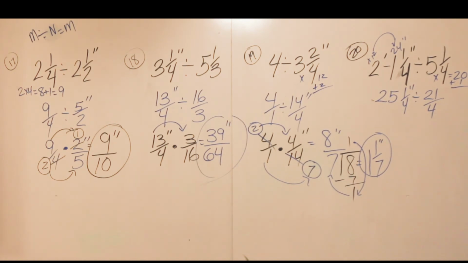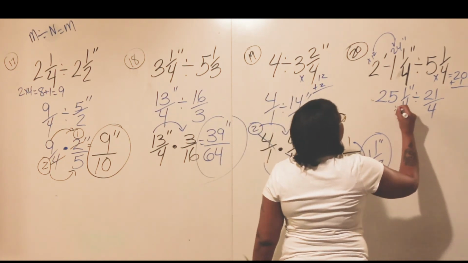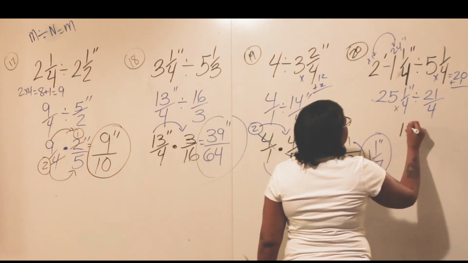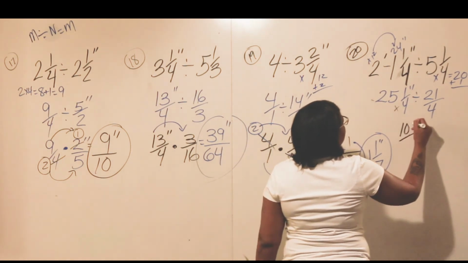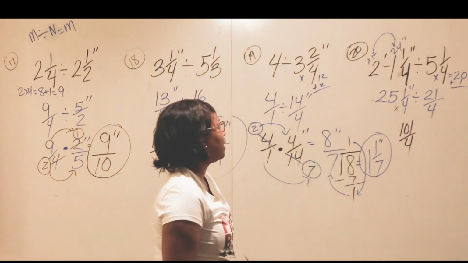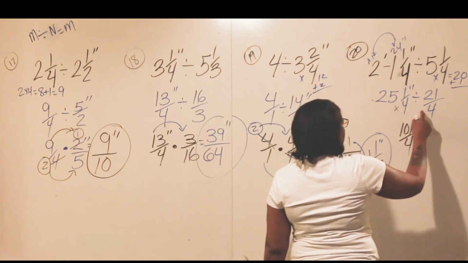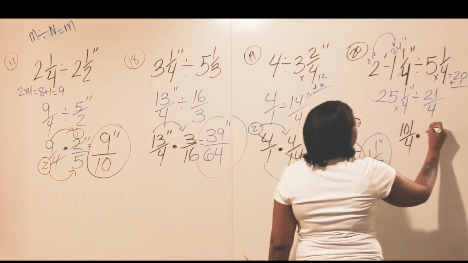We need to turn that to an improper fraction. 25 times 4? 100. 100 plus 1 over 1? Don't do that one. Don't make that mistake. 101 over 4. Mixed number, denominator stays the same. And now we times 4, 21.